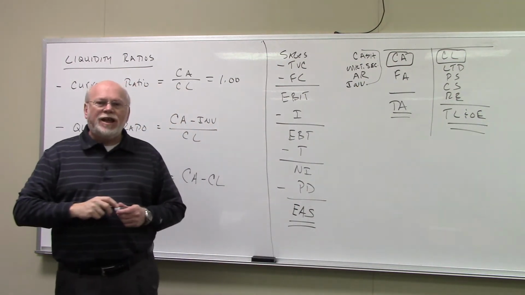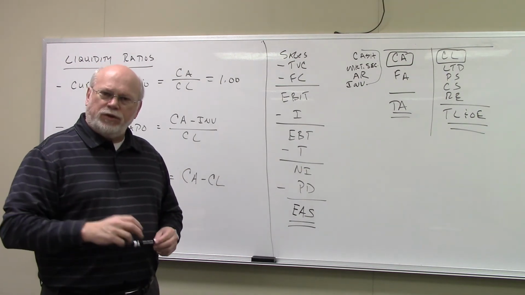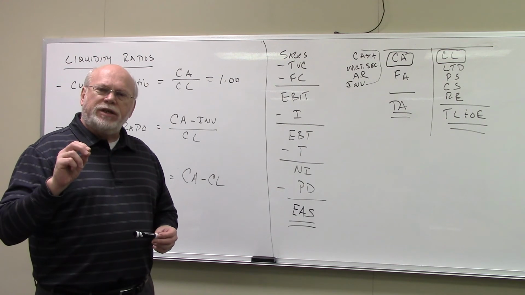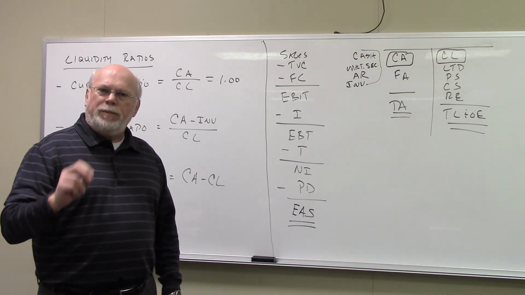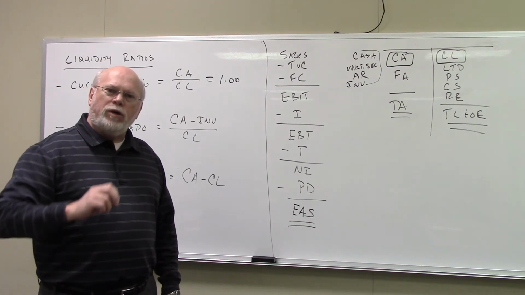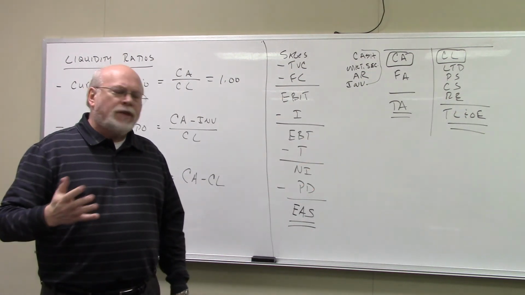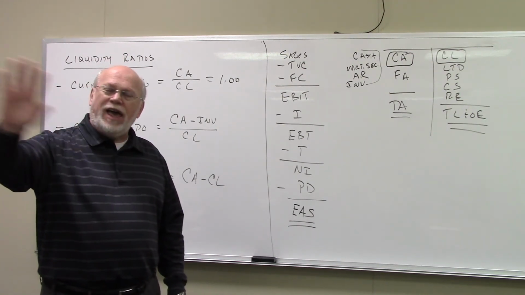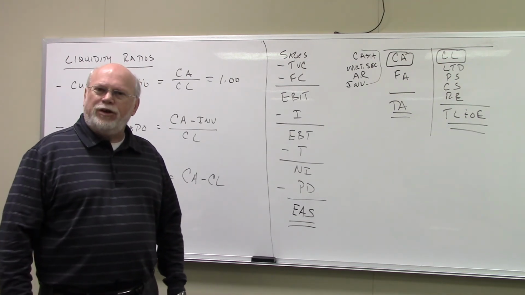One of the least liquid assets on the balance sheet in the current asset section is inventory. Inventory is often misunderstood. If you go into a business and you go into their warehouse and you see all this inventory everywhere, to me, that's money. This is their cash sitting in there. You don't really want cash sitting in your warehouse.